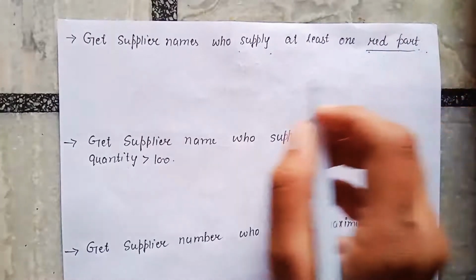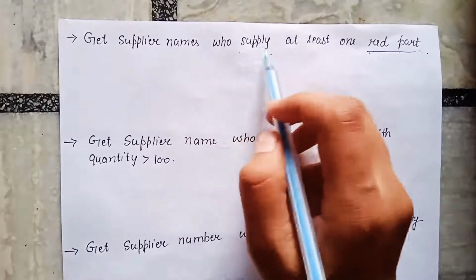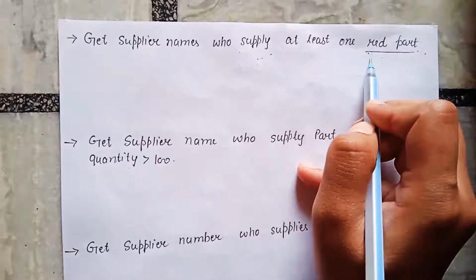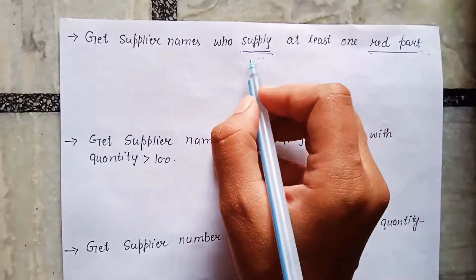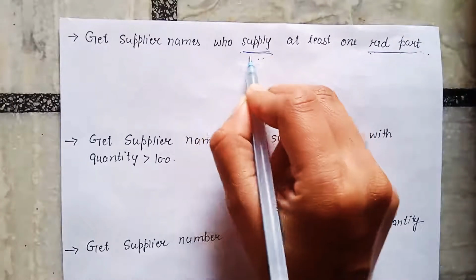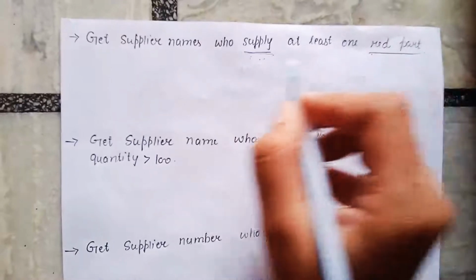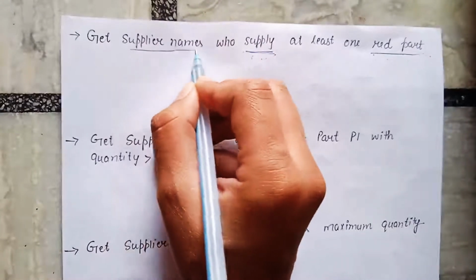And then from the shipment table we will get to know about those suppliers who supply those red parts. And then after knowing the supplier IDs of those suppliers that supply red parts, we will get to know about the names of those suppliers from the supplier table.